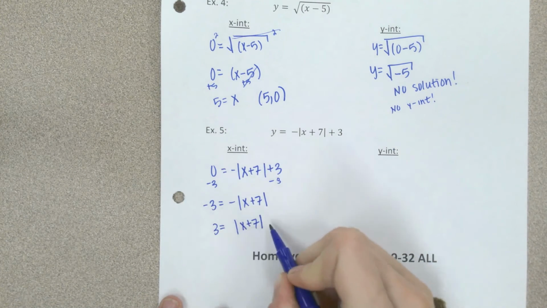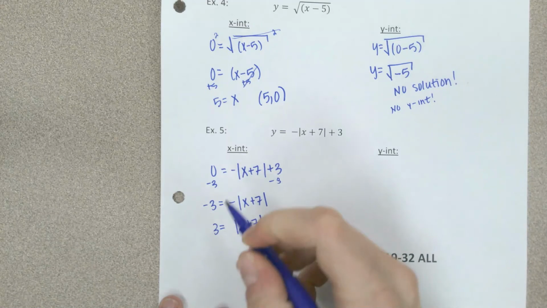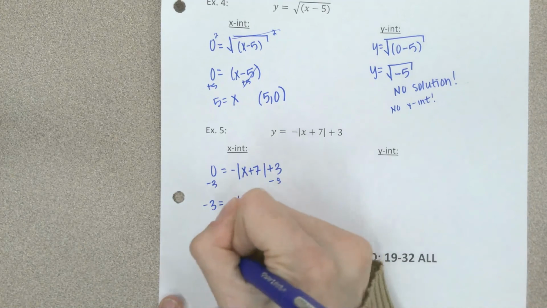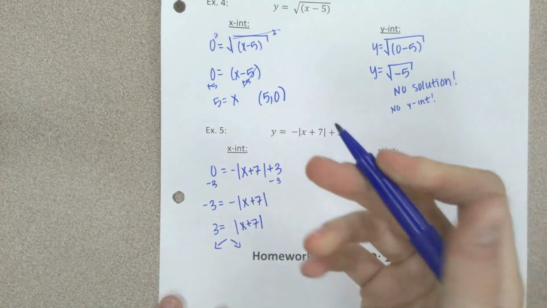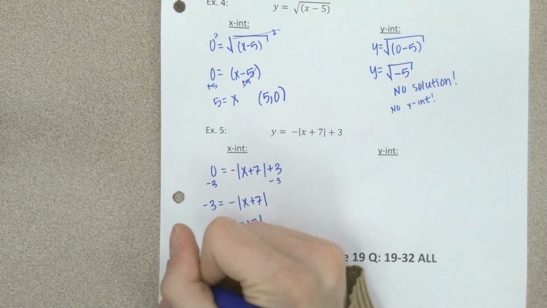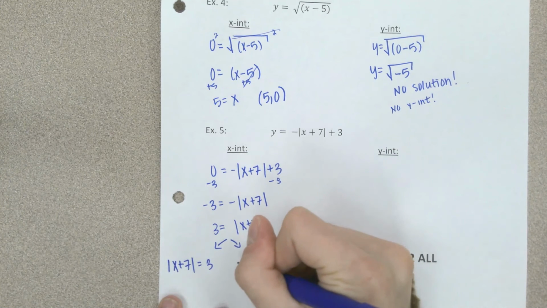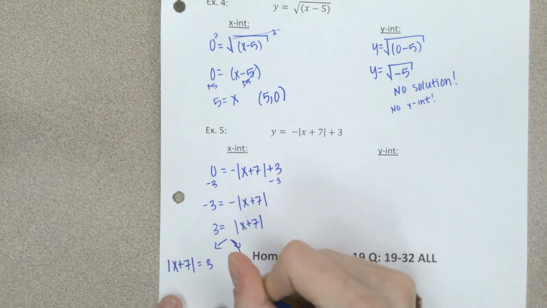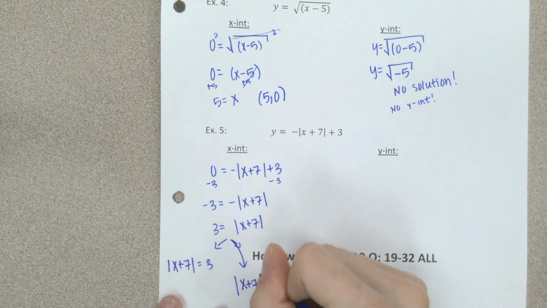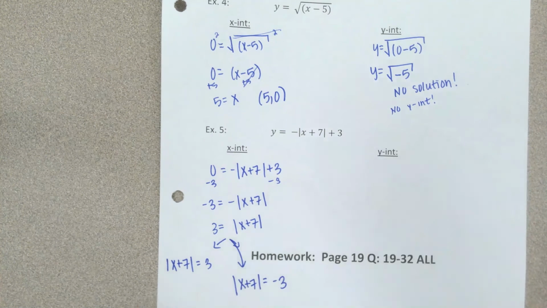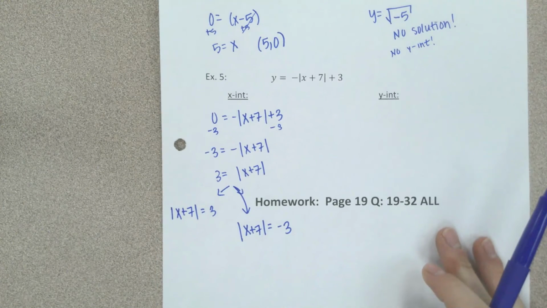Absolute value equal to a number is going to be equal to plus or minus that number. So we have the absolute value of x plus 7 equaling 3, and I'm going to go down here, the absolute value of x plus 7 equaling negative 3. Absolute value is the distance from 0. 3 and negative 3 are both the same distance from 0.